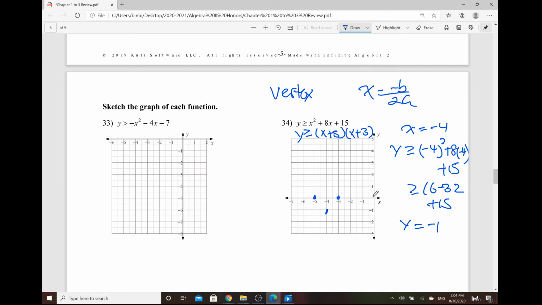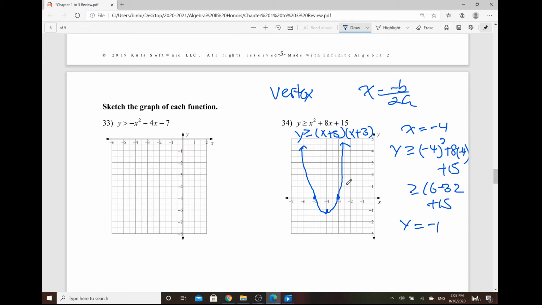So we know the normal parabola is facing upward, and it's a solid parabola. But don't forget, it's an inequality. That means we need to shade the region, whether it's greater than or less than. If it's greater than, what do you think?